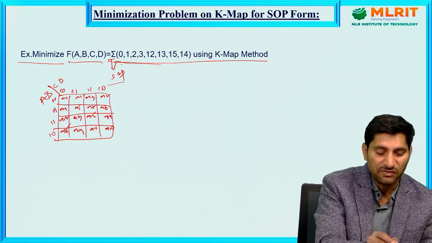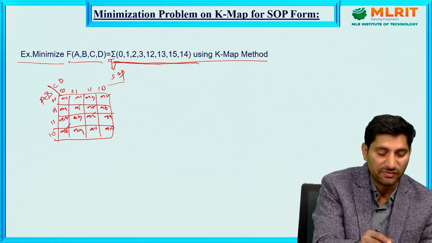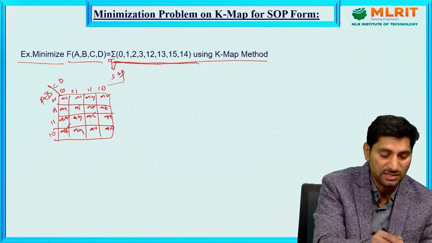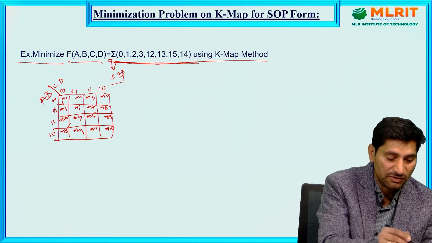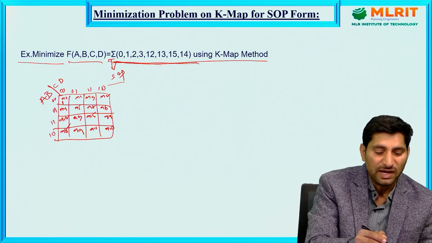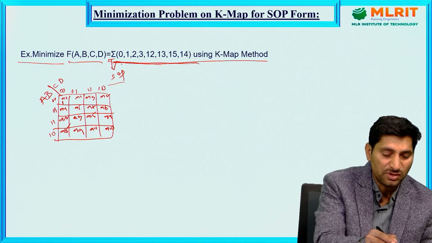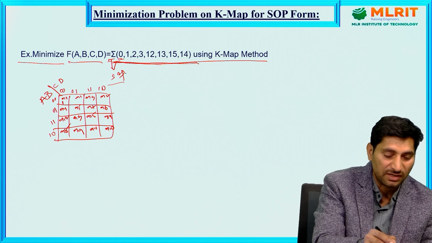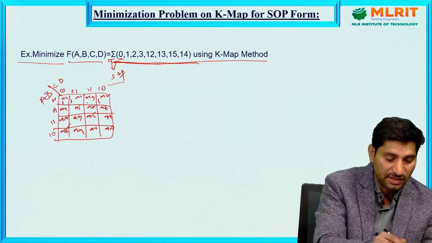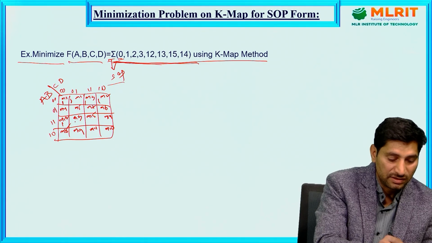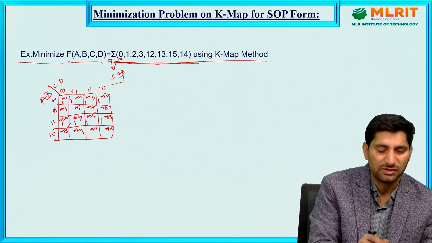Whatever terms are given, we need to mark in this K-map. Let us take M0, which is given, so we mark that with 1. As we know, 1 represents true and 0 represents false in SOP form. So we mark the 0 term with 1, next 1, next 2, next 3, 12, 13, 14, 15. Like this we have marked the given terms.